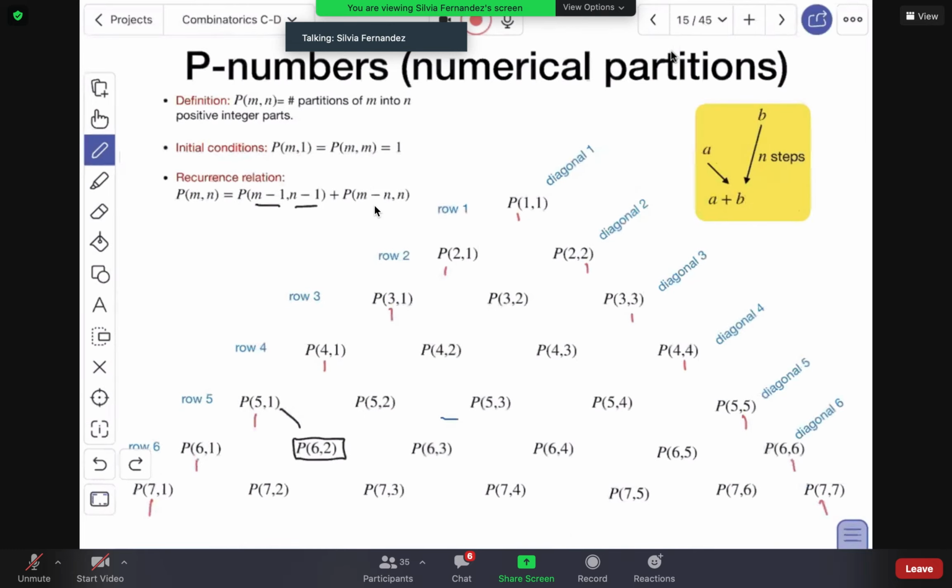If I wanted to get P62, I'm supposed to do P51 plus P6 minus 2, 4, 2. And that's 2 steps up. So I'm supposed to add this one plus that one. Make sense?